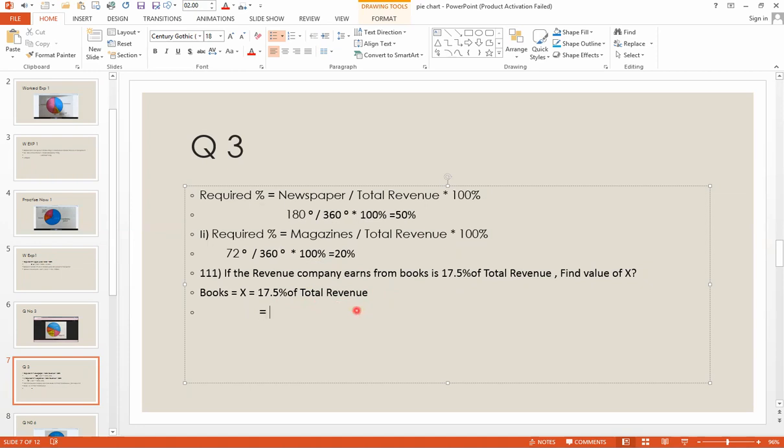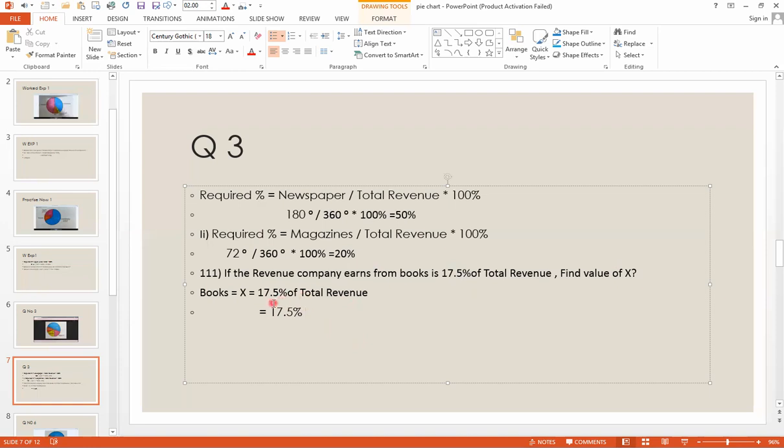So I have to write, whenever you find any complicated question, you just write that portion of that question in your answer. Actually, the answer lies in that portion. In the whole question, the answer lies here in this part. 17.5% of.